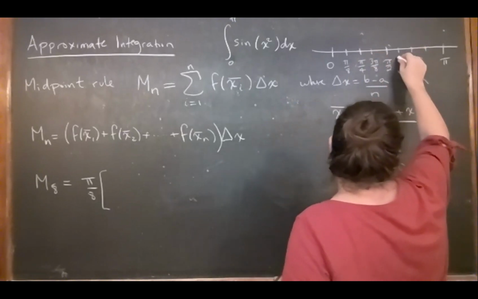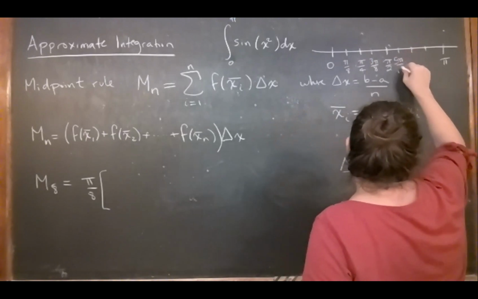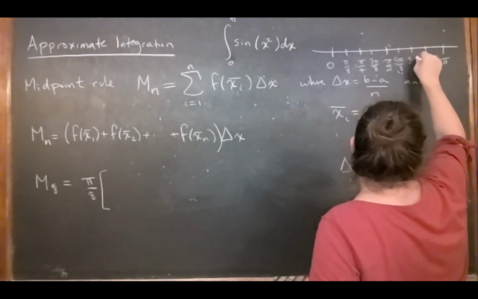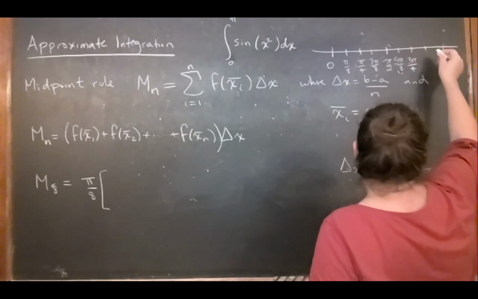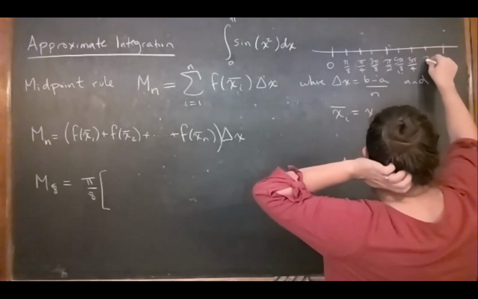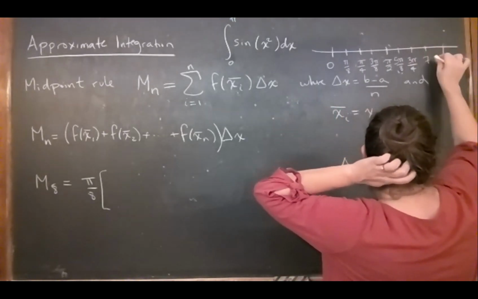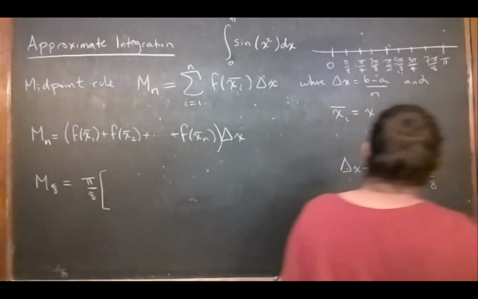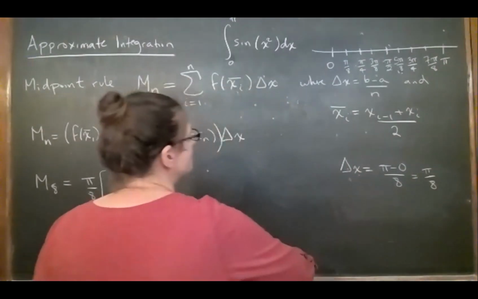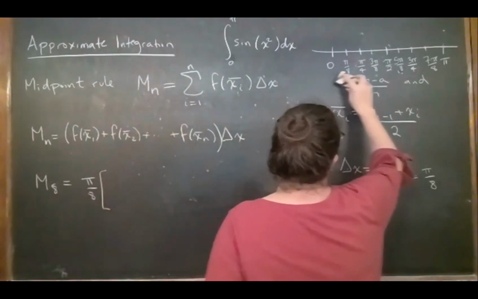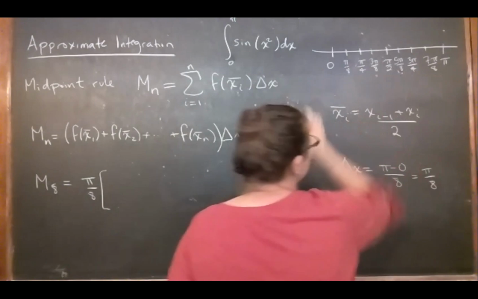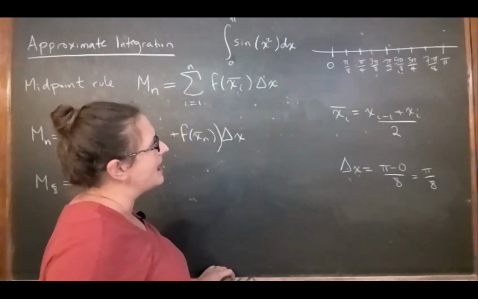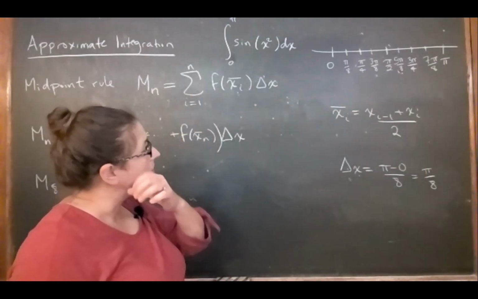I'm just counting them out, right? And you can keep them with an 8 in the bottom if you want, but because I put the reduced form, that's fine. Okay, so those are the points that are at the ends of each of my intervals, all right?